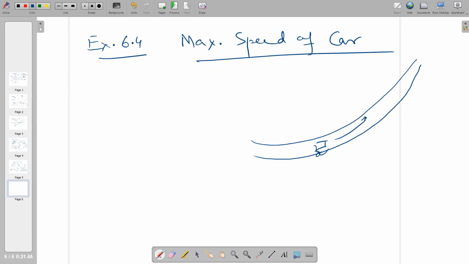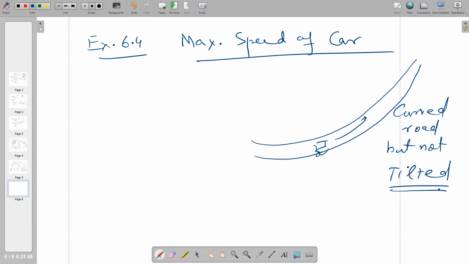In the first slide, I already explained that if a car is moving on a curved road, but not tilted, then the frictional force is responsible to move it in a circular track. Otherwise, it will go in this direction.